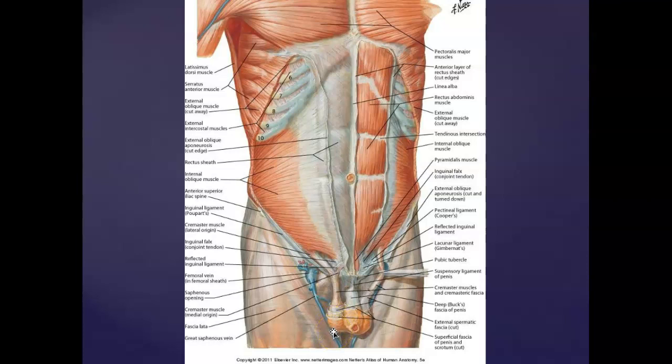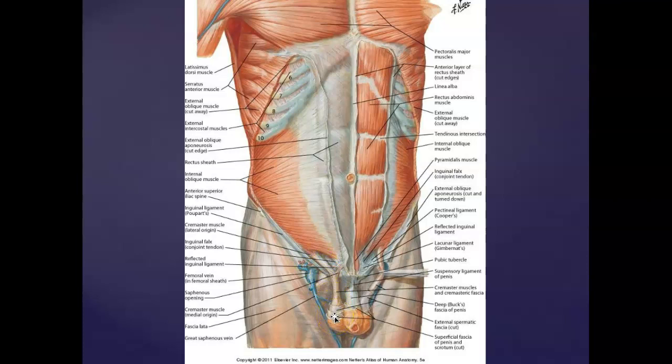So again, the scrotum needs to be outside of the body for that reason, because of spermatogenesis and the temperature requirements, needing to be cooler than body temperature. So that's how that can happen. Cooler temperatures start to lift the testes up closer to the abdominal wall to maintain that temperature. Warmer temperatures will start to relax that muscle, dropping it down.